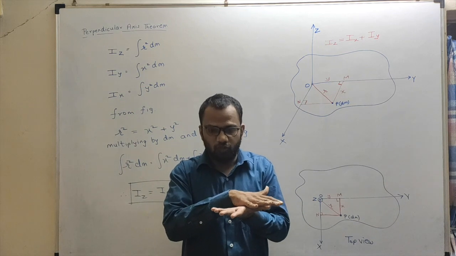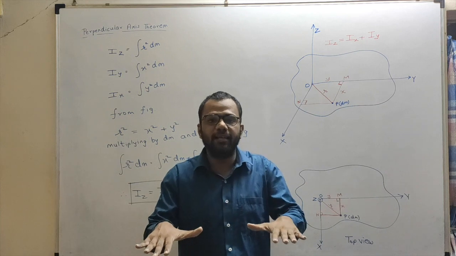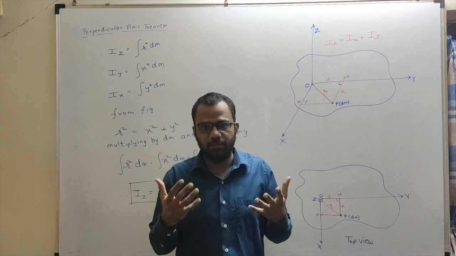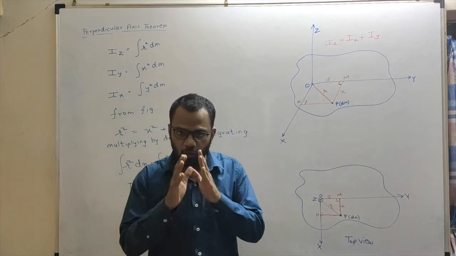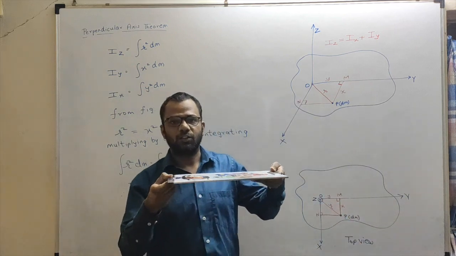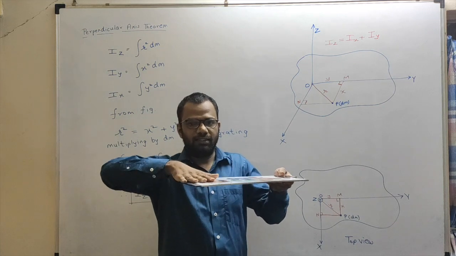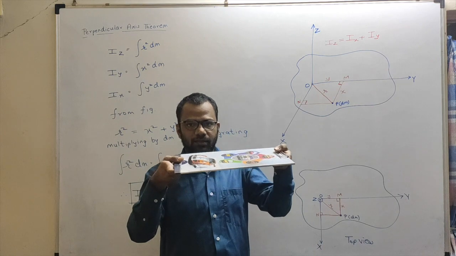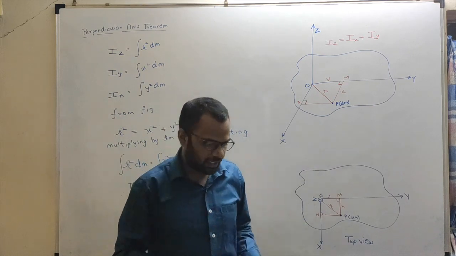So these bodies can be placed on the XY plane, right? So these are two-dimensional bodies, or we'll say plane laminar bodies. So perpendicular axis theorem is applicable to only plane laminar bodies, such as this body. If this thickness is very small, it can be said to be a plane laminar body, or two-dimensional body.